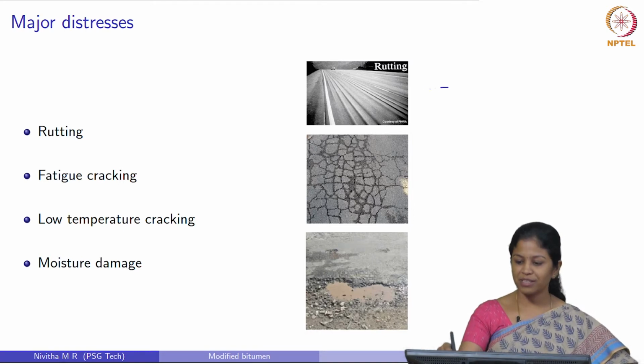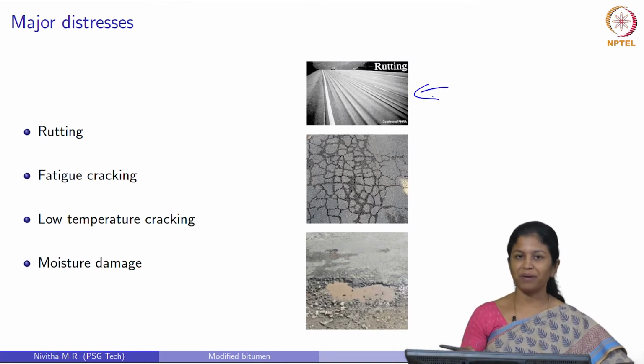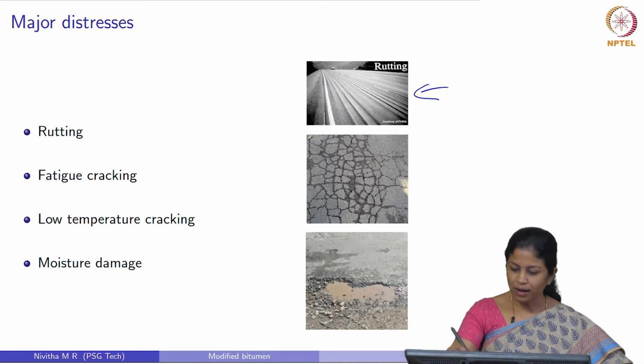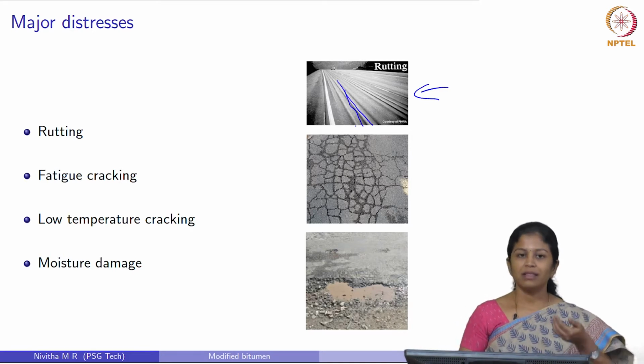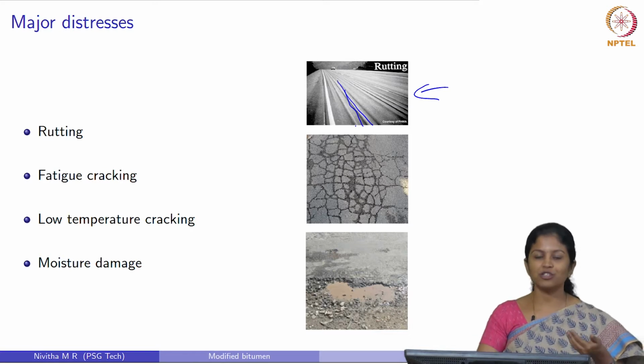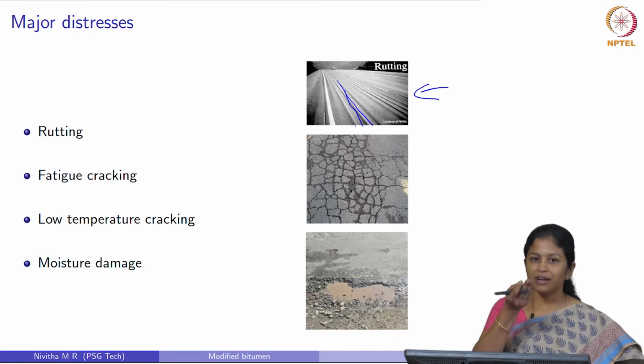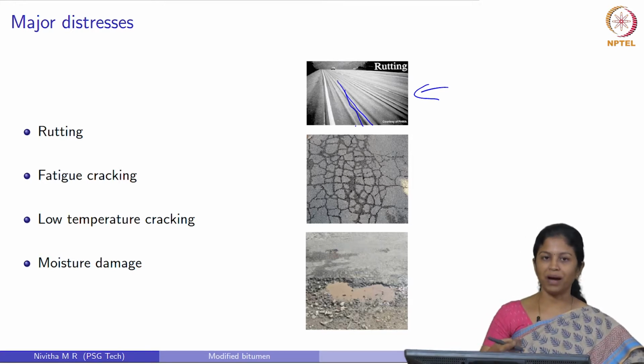You can see the image here, which shows the rutted pavement, with depressions along the wheel path of the vehicle because the binder, the mix, is not stiff enough to take up the wheel load. So, rutting is nothing but deformation along the wheel path which is due to the insufficient stiffness of the mix to take the wheel load.